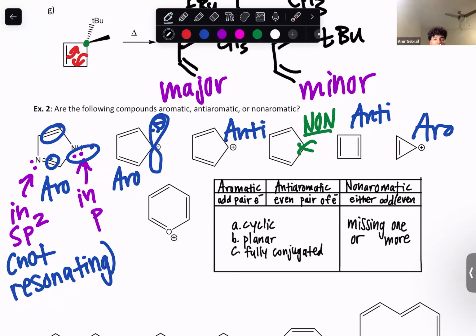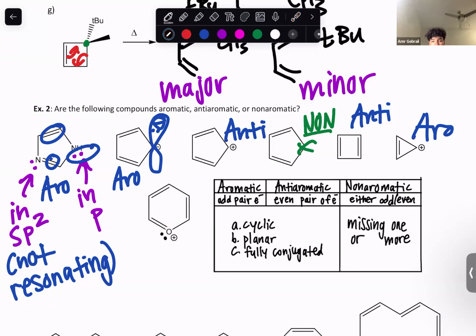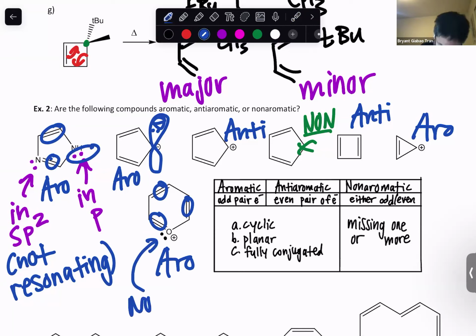Would this be the same case where the oxygen's lone pair doesn't resonate as well? Yeah, same case, because that oxygen is already occupied with that double bond right there. Okay, so this one would be 1, 2, but that double bond resonates, right? Yeah, that double bond resonates. So this would be aromatic. Nice. This one, no resonance. You got it.